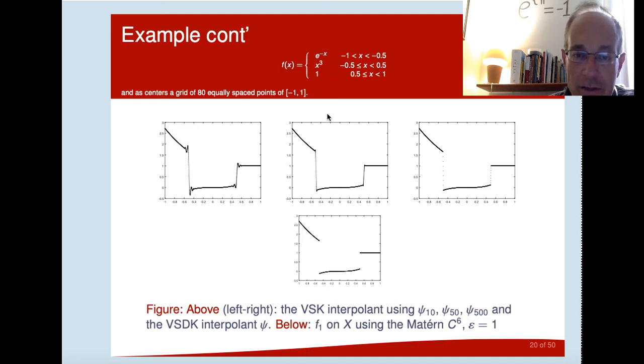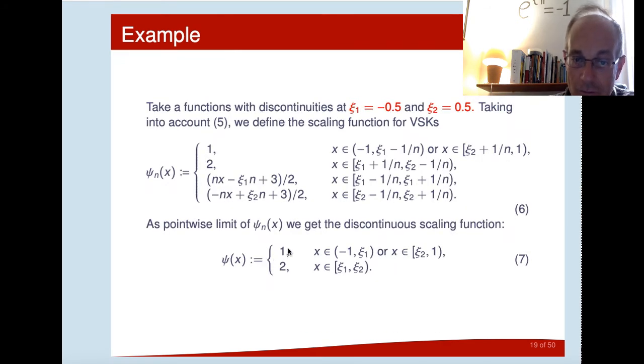There is an exponential negative, then in between there is x cubed, and then there is 1 on the right. Okay, so you see what happened to your function taking different values of n, because you see psi 10, psi 50, psi 500, and you see that it converges to the function psi, which is the one that we have defined before, 1 and 2.